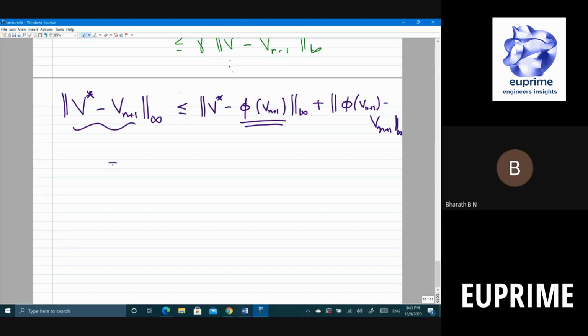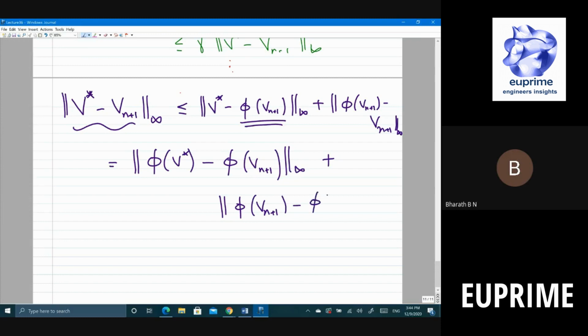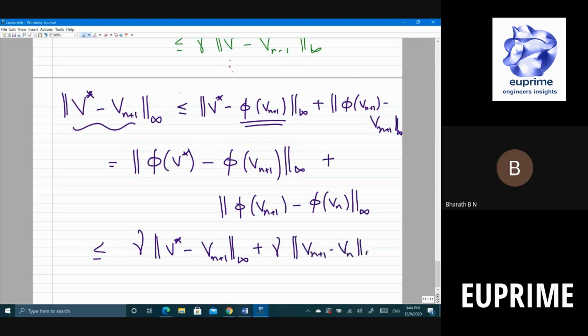Okay, so now I can write this as phi of v star minus phi of vn plus 1, plus phi of vn plus 1 minus phi of vn, right? Because vn plus 1 is phi of vn. In the infinity norm now. But this is less than or equal to nu times v star minus vn plus 1 infinity norm plus nu times vn plus 1 minus vn infinity norm.